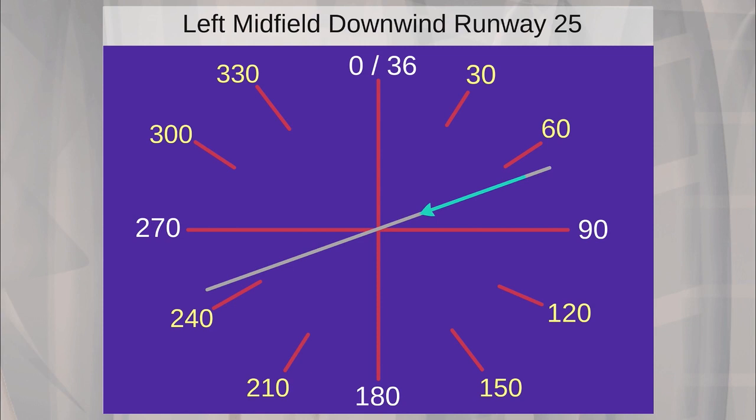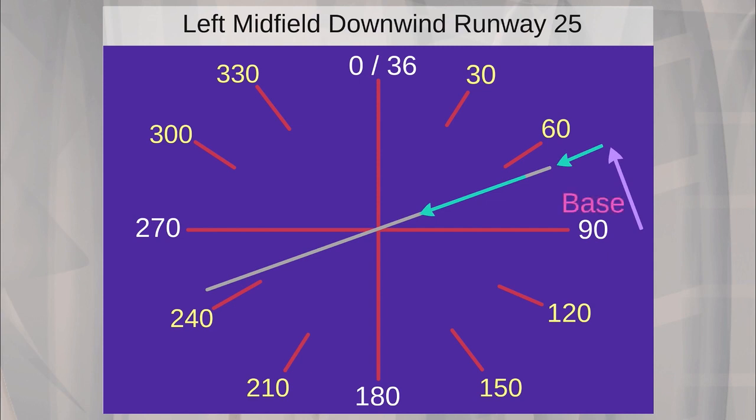So our final approach would be back here where the second teal arrow is. That would be the final approach. So our base, if we're making left turns into this final, and this was a standard traffic pattern, our base would be here where the purplish, pinkish purple arrow is now showing.